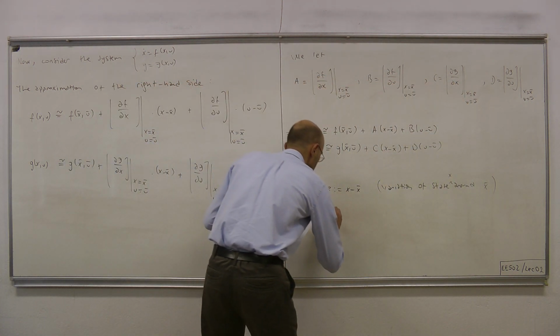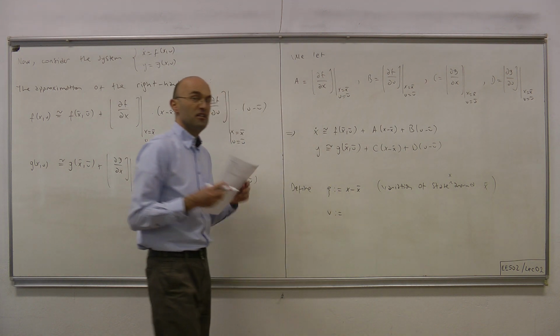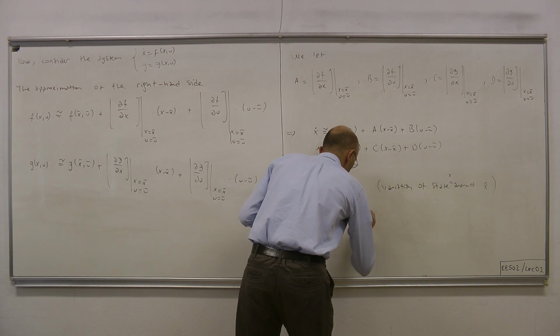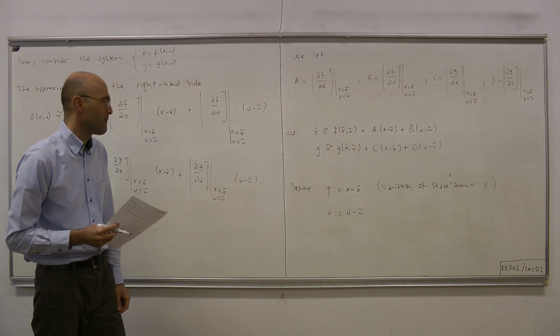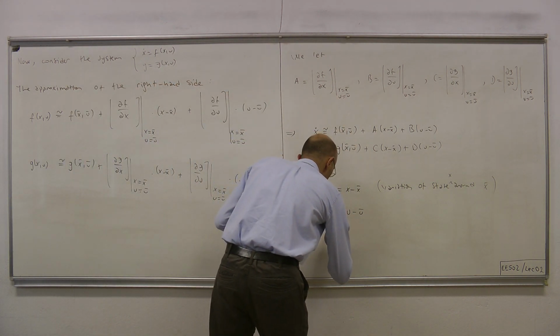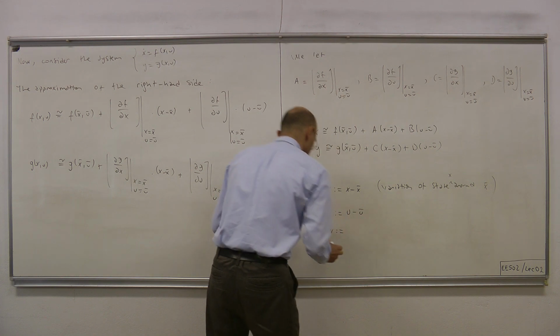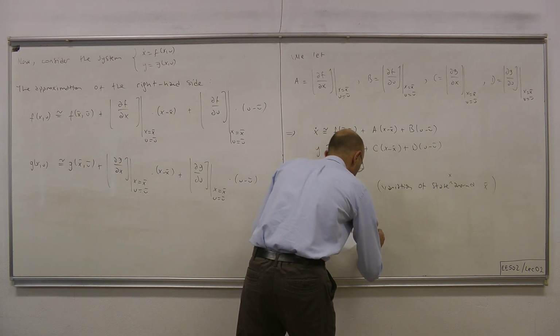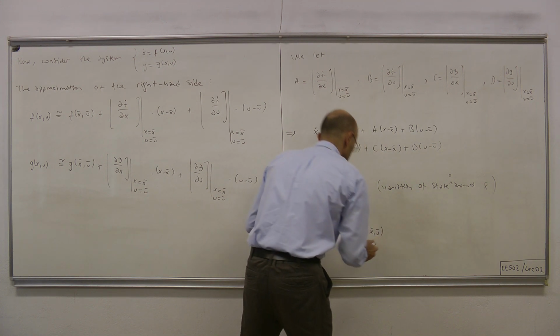Likewise, define the new input, which is the difference between u and the fixed u bar, and define a new output, so to speak, w as y minus g of x bar, u bar.